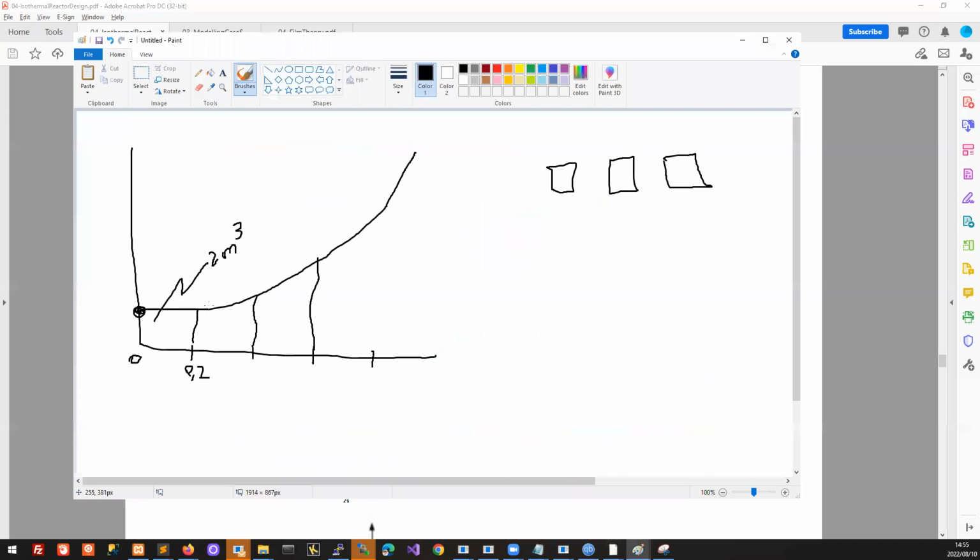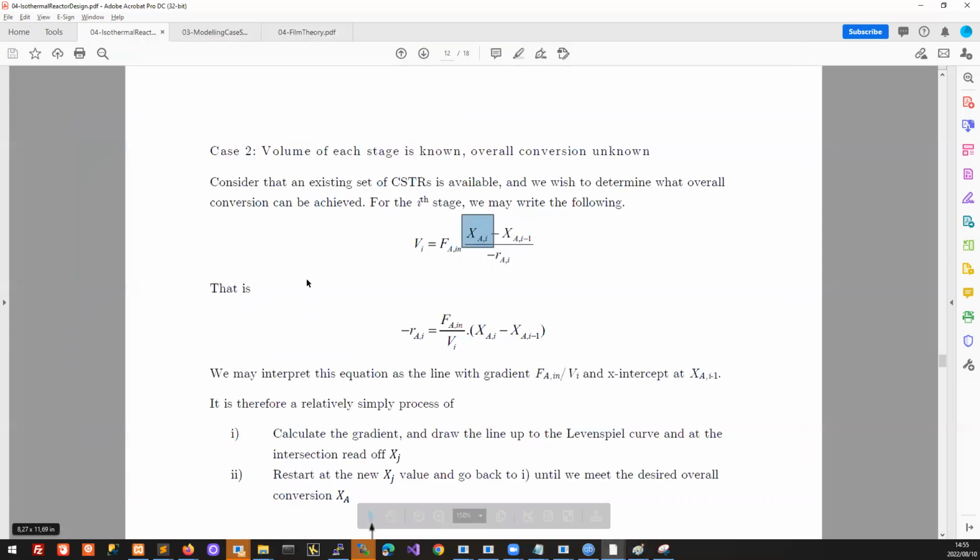So we can then work out what that first conversion is, right? That defines the first conversion, and it won't necessarily be the one we want. And then we say, okay, let's buy another 2 cubic meters. This time we use the previous conversion, X1, and we look up the reaction rate at that point X1.